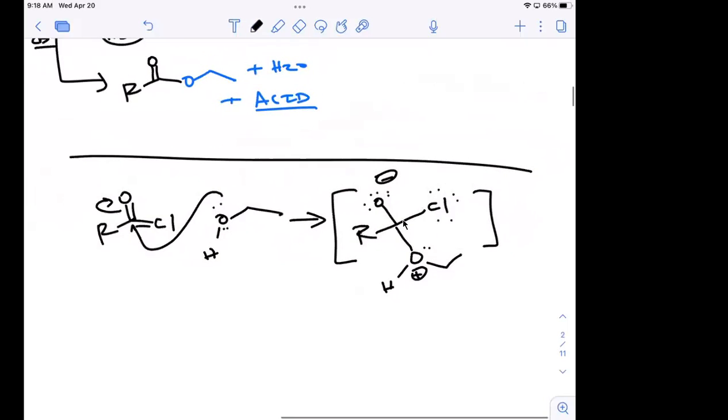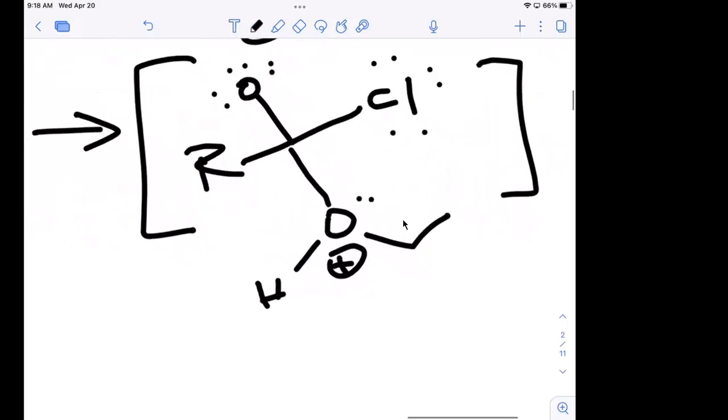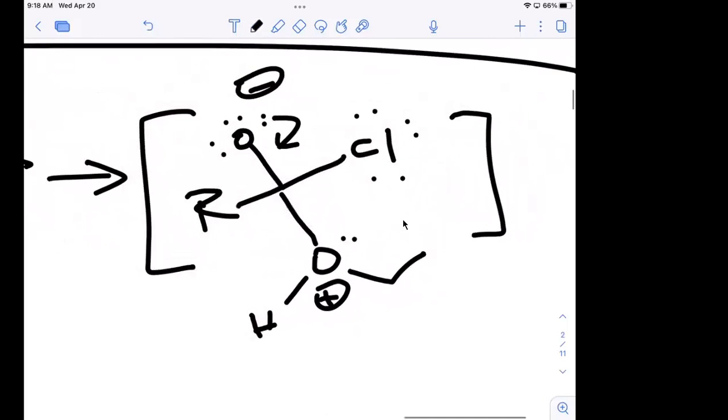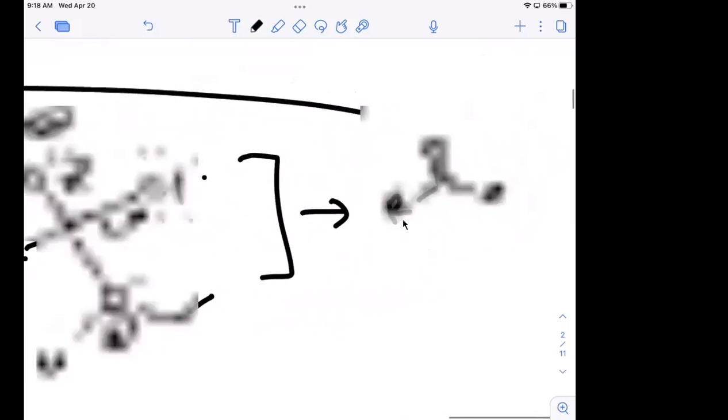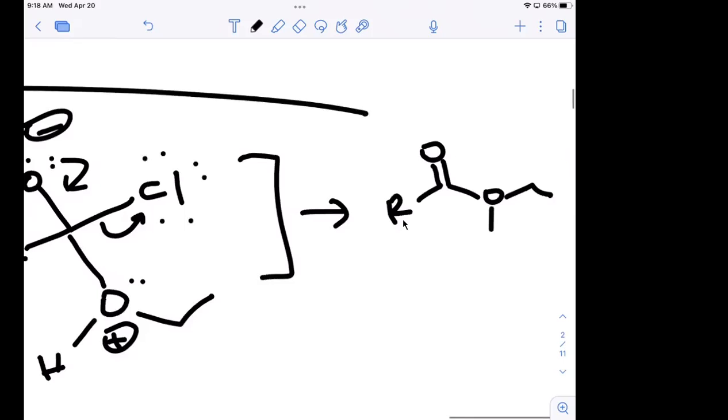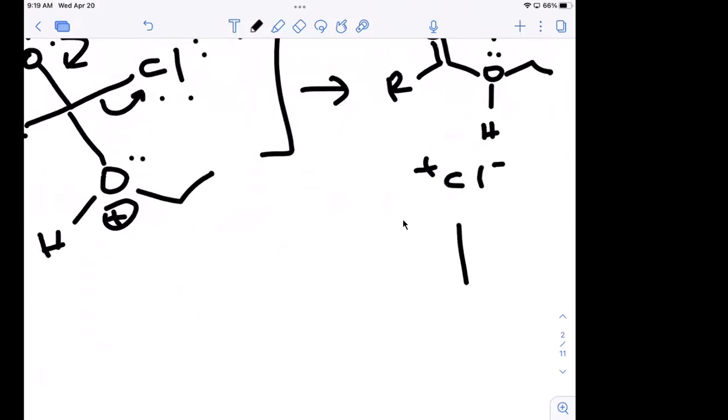All right, so that intermediate is now going to eliminate and you'll lose chlorine. So you end up with this. That's positive, and then plus Cl minus. And it's just a proton transfer from there. So you'll pull off this proton like so, and then you get your product.